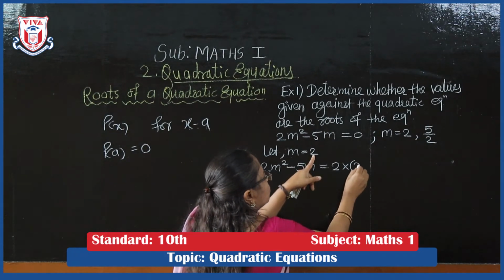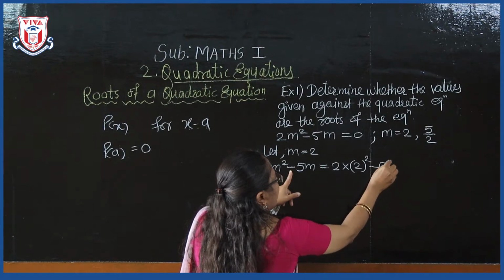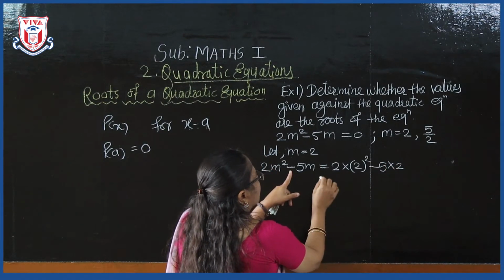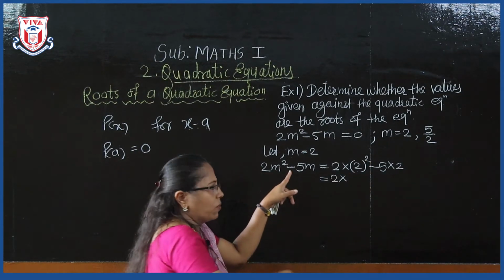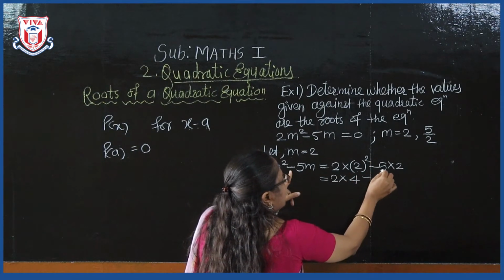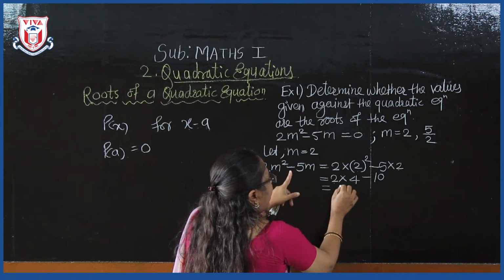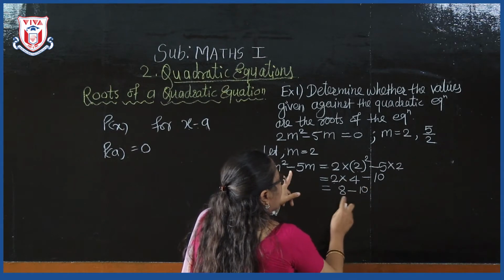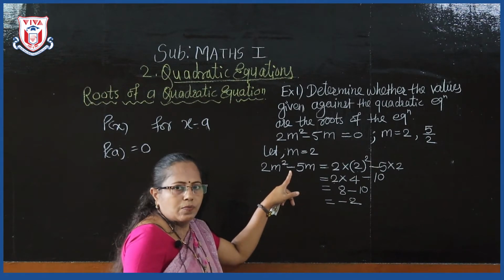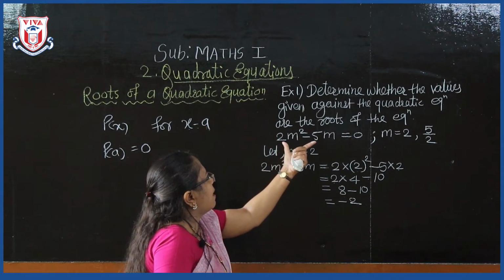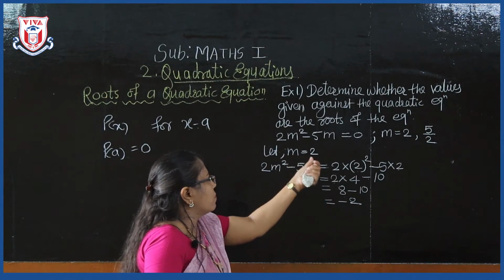So 2 square minus 5m means 5 into 2. So 2 into 2 square is 4, minus 5 2s are 10. 2 4s are 8 minus 10. 8 minus 10 equal to minus 2.